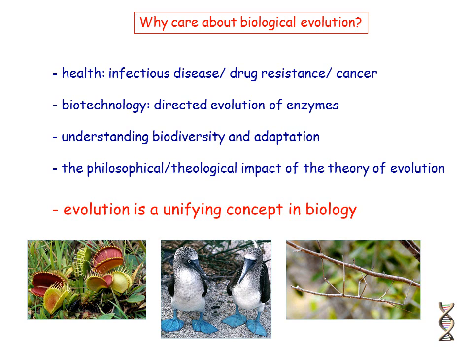Evolution is a unifying concept in biology. What do I mean by that? Look at those pictures down here at the bottom of the slide. On the left, you see a Venus flytrap, a meat-eating plant. In the middle, you see blue-footed boobies, birds with these funky blue feet. On the right, over here, I'm going to try to turn on my laser pointer, you'll see this stick-like thing here.